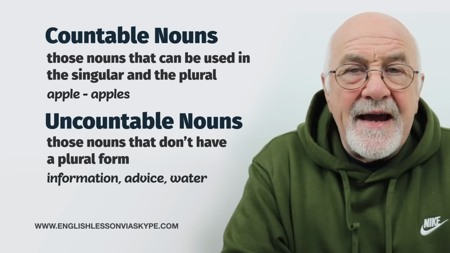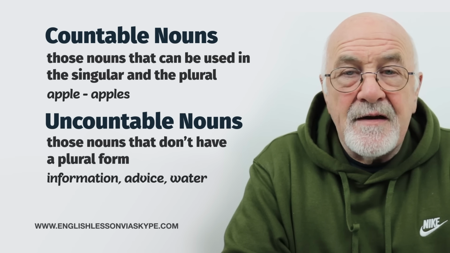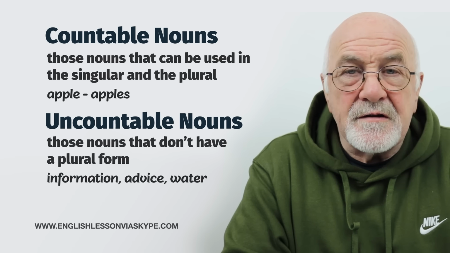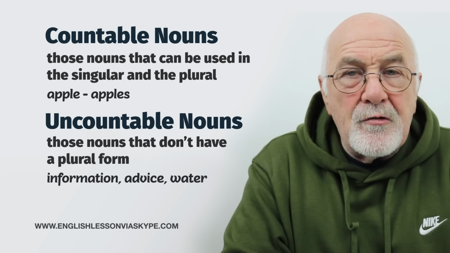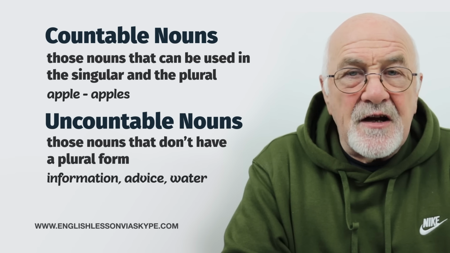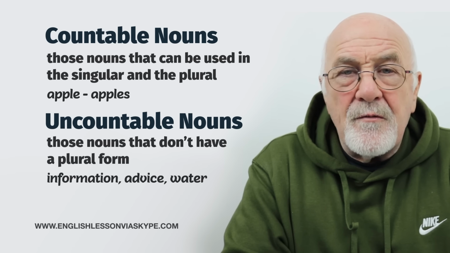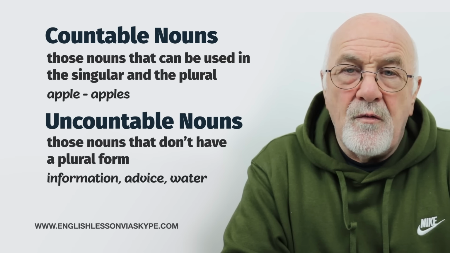For example, information, advice, salt, water, bread. Okay, so they don't usually have plural forms. It's not informations, it's not advices, it's not salts, breads or waters. It's salt, bread, water.